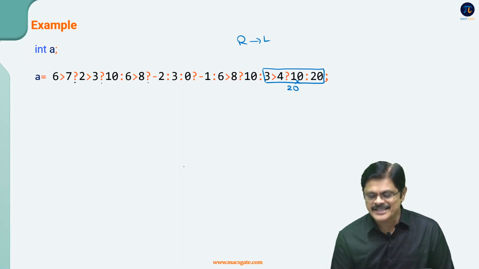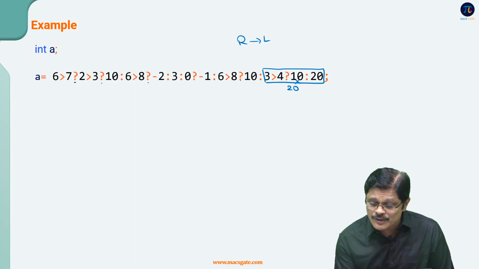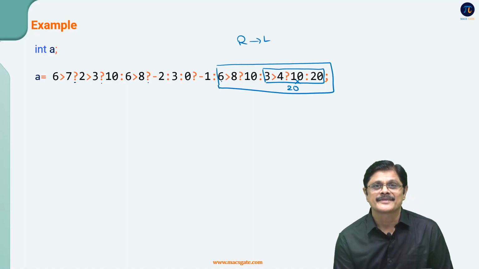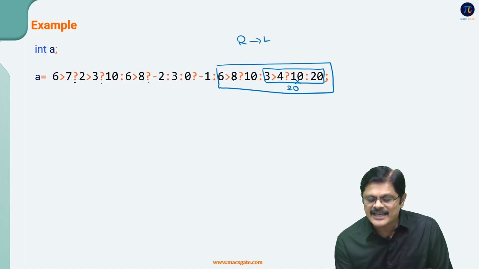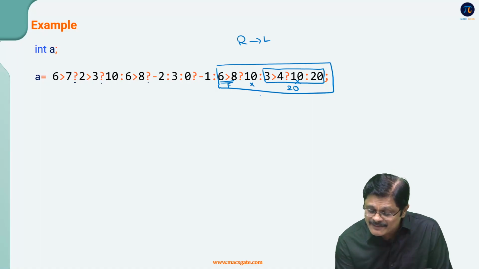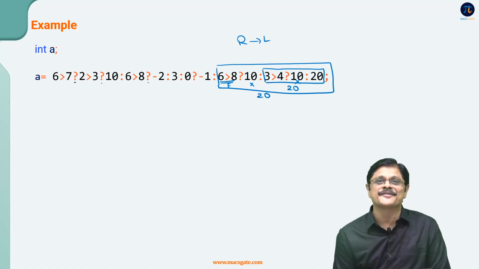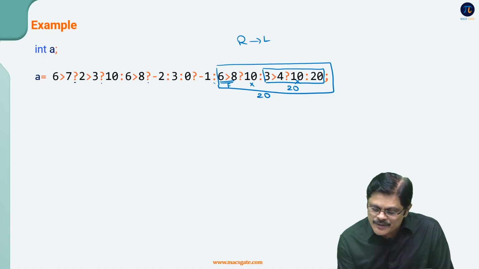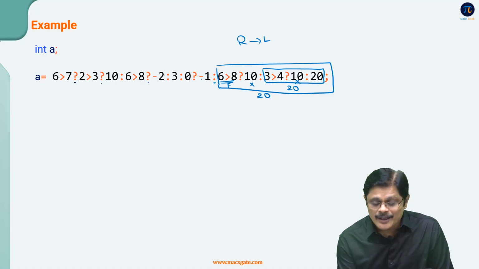So, this expression is evaluated. Now, you see colon and a question mark. Immediately this is the second conditional expression, or ternary statement. 6 greater than 8 is false. So, this is ignored, and 20 is the answer for this expression. Now, again you see colon and a question mark, and it is a single statement.